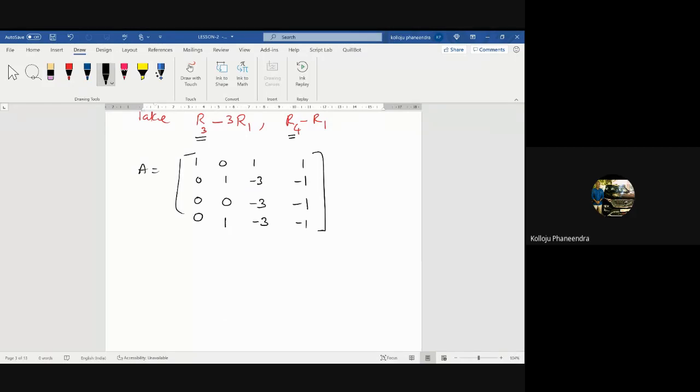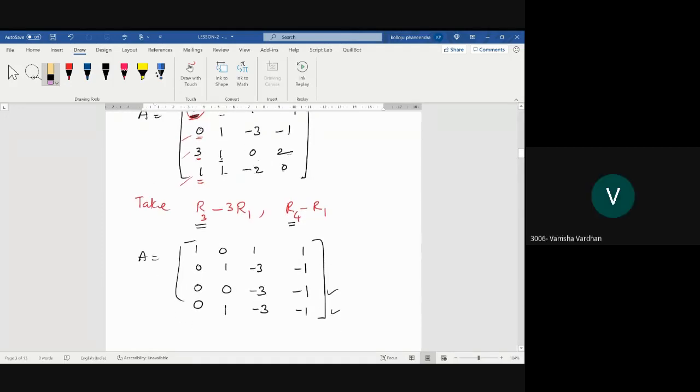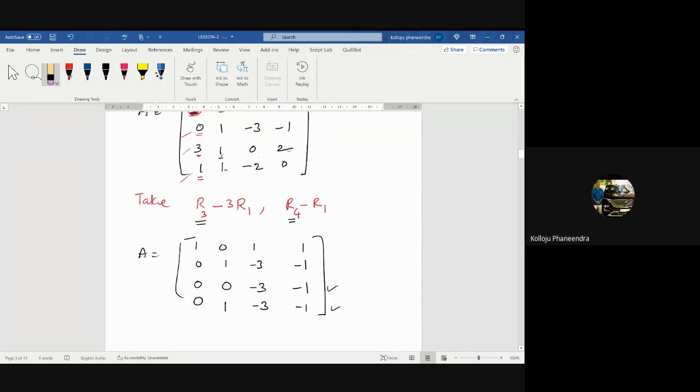But here, the third row and fourth row are the same, isn't it? Oh, not the same. Sir, that one is 1 only, not 0. Okay, this is 1.